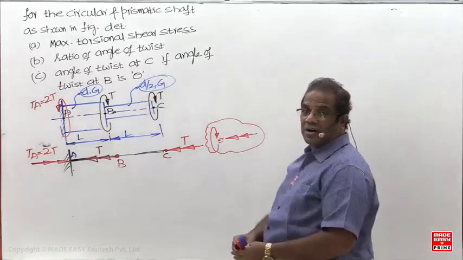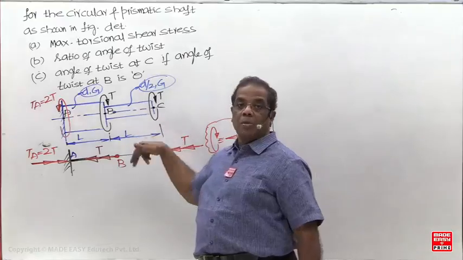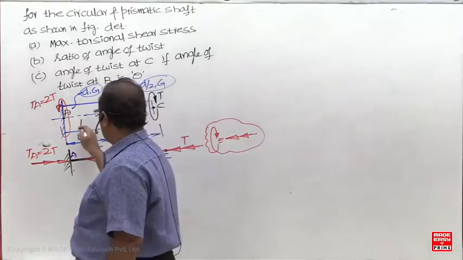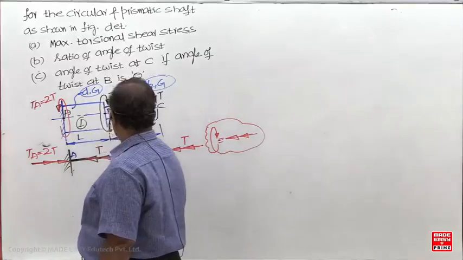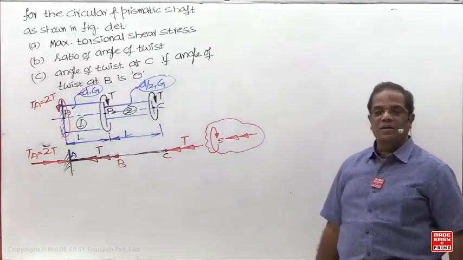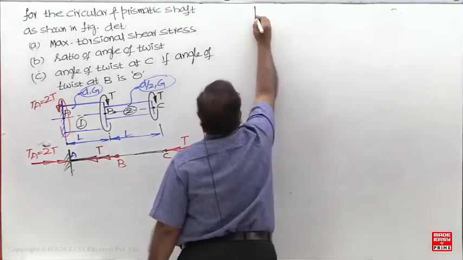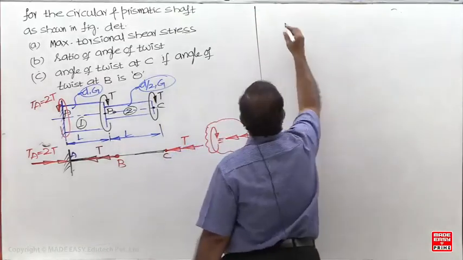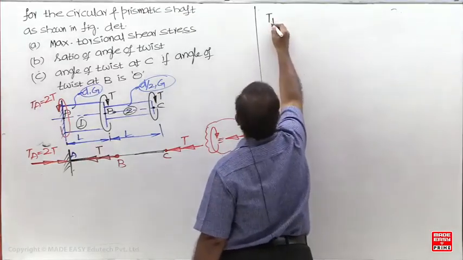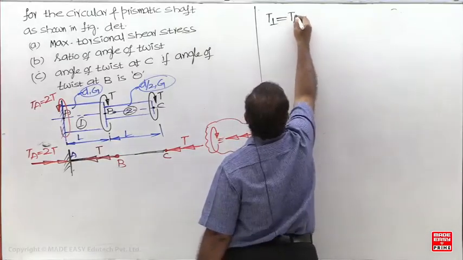When the methods are required, you have studied now: when more than two shafts are there, but here only two shafts are there now. So here all the methods are optional. If you want, you can use them. Directly you can give T1, the torque in the first member, the first shaft, that is AB.